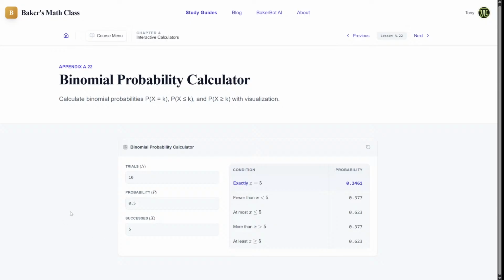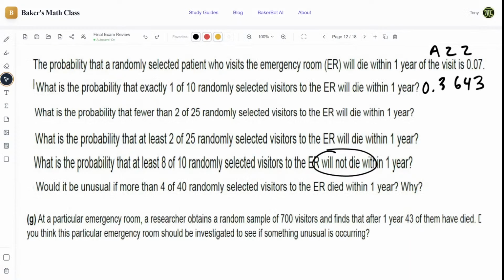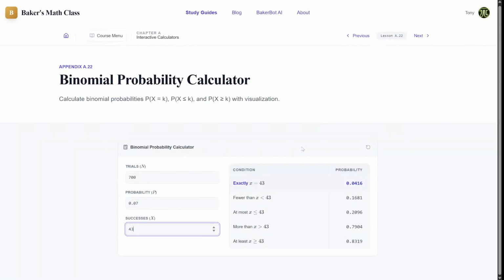So if we did 700, 0.07, and 43 died. So we would expect at most 43 would be about a 20% chance that would happen.